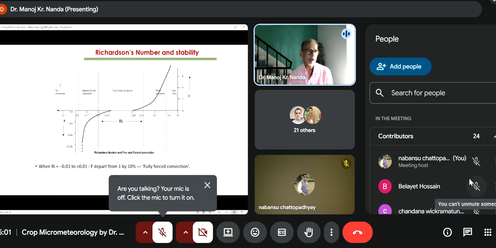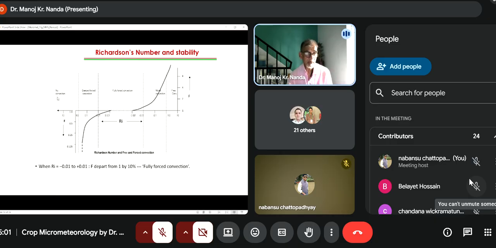So from here, no convection, that is highly inverse, to a damped inverse, then to a forced convection zone where the thermal effect is minimal. Then the thermal effect increases, so it is gradually coming to a free convection zone. So this is how you can graphically represent the Richardson number.